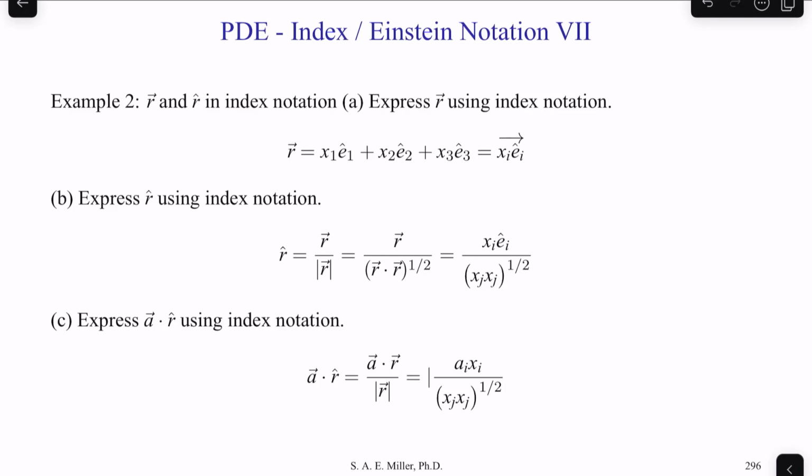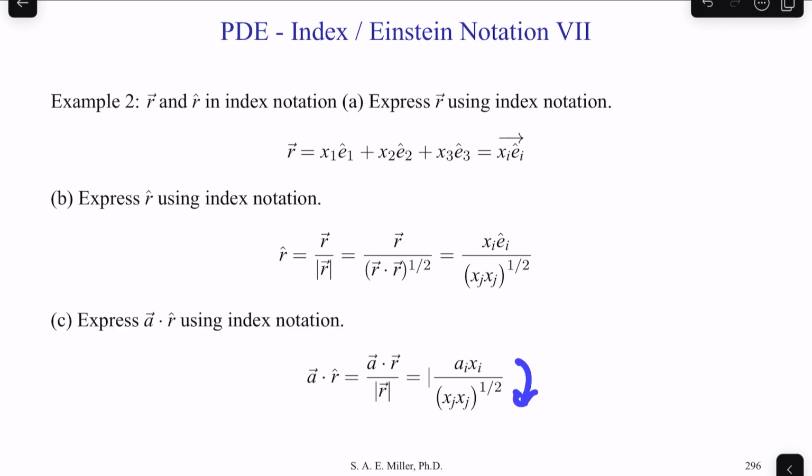Now what if we want to take a new vector a and dot it with our unit vector? Well, we have this definition already, so we're going to put it here, and we can bring it down. And then now in the numerator we have a dot product, so you know this whole thing is going to be a scalar. Remember, this is a vector quantity, this is a scalar quantity, and that makes sense in our result. So we'll take this magnitude of the vector and put it down here, so that's the same definition, xj xj to the half, and now our dot product of a dot r hat remains the same, that's ai xi.